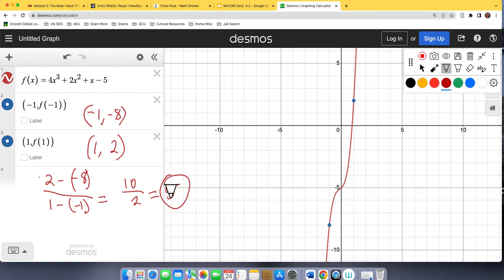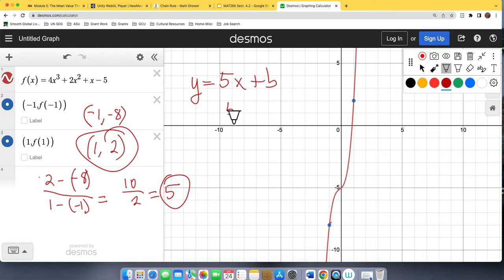That's the average rate of change. If we were to put a line between here and here, it would have a slope of 5. I'm actually wanting to plot that line, so we need to find the y-intercept. So y equals 5x plus b. Let's plug in the point 1, 2.